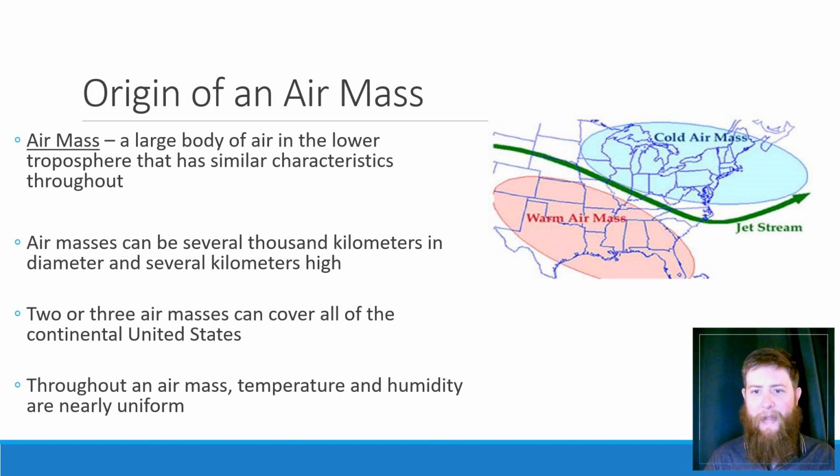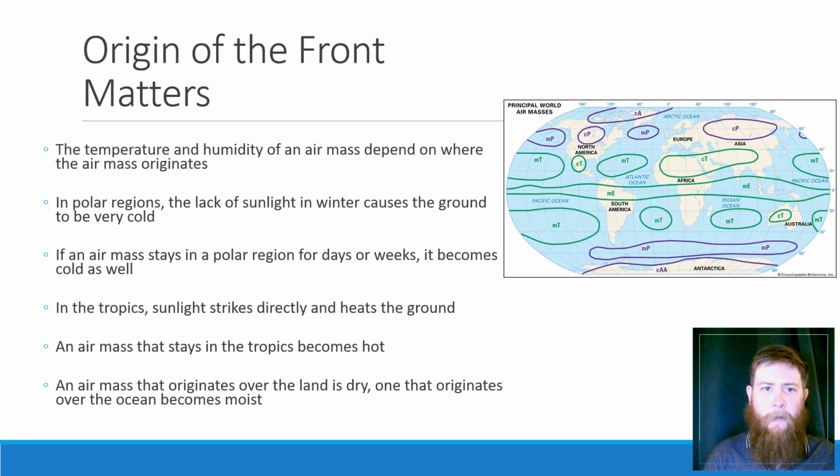But throughout that mass, your temperature and humidity are going to be pretty close from one end to the other, from the western end to the eastern end, from the northern end to the southern end. So where these come from matters, and it determines what properties they have.